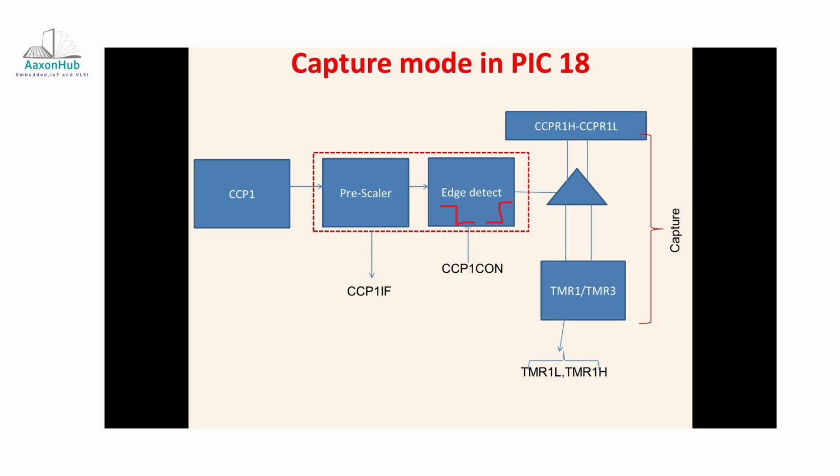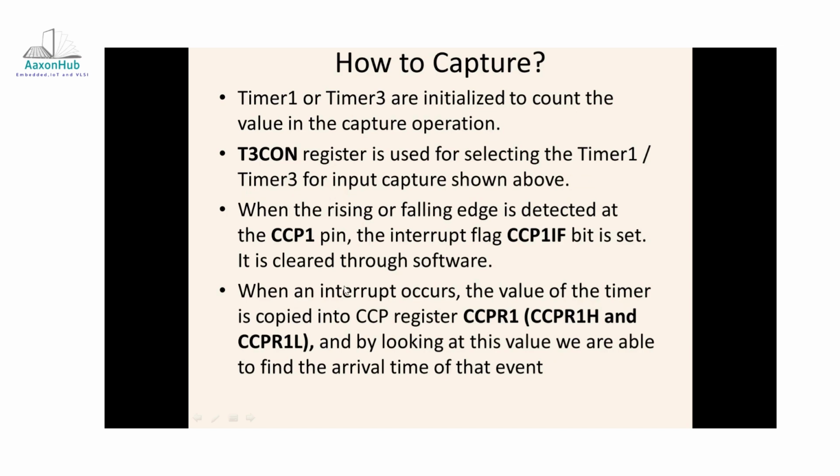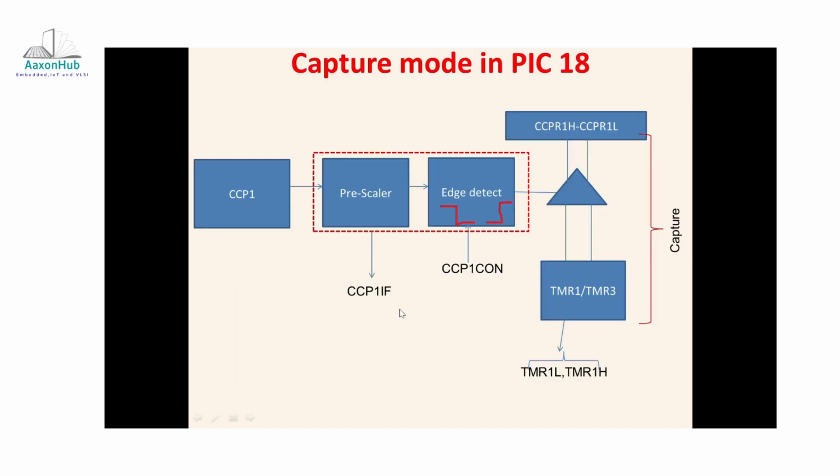It must be cleared in software, and it will get automatically set to 1 once the event is generated. If another capture occurs, we should clear the flag first, so that for the next new capture event, this flag will be raised to 1.